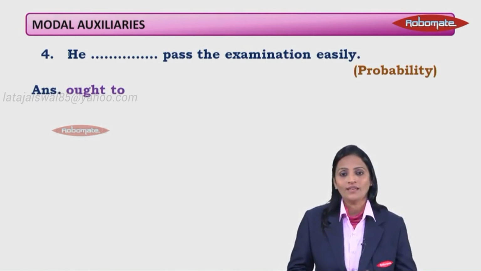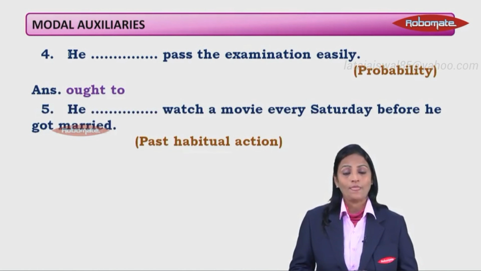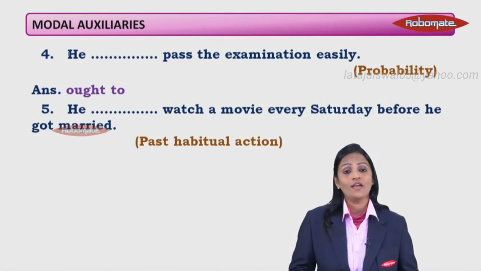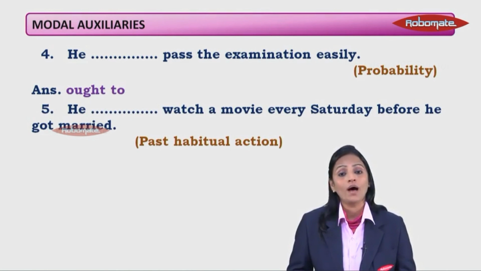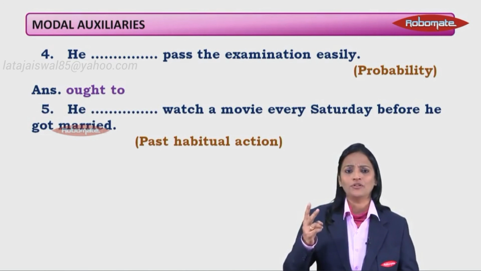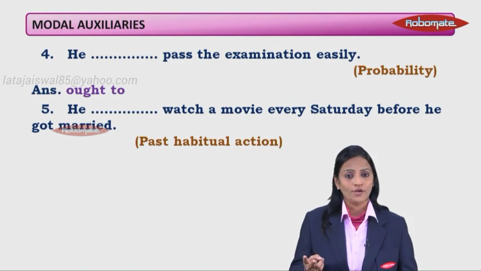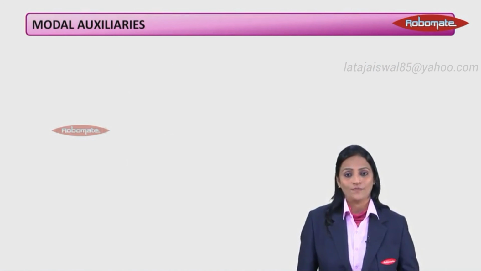We know that it is ought to. He ought to pass the examination easily. He dash watch a movie every Saturday before he got married. Now, we're talking about a past habitual action. Two options, students. By now, I'm sure you've learned that. We have two options for a past habitual action. That is used to and would.